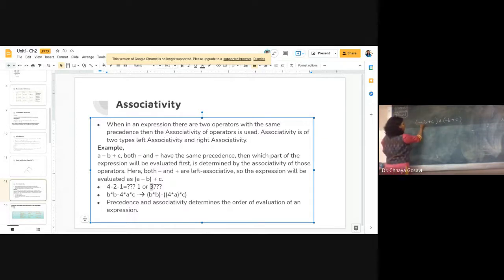This is unary minus because it comes with only one operand. When the minus sign is between B minus C, where there are two operands, then it is a binary operator. When it comes with only one operand, then it is a unary operator.